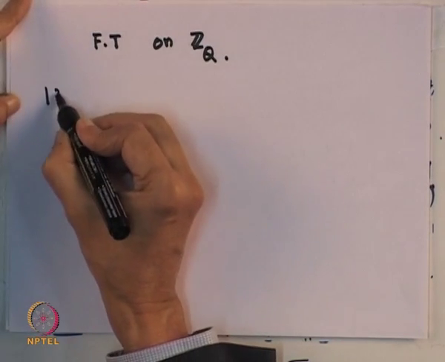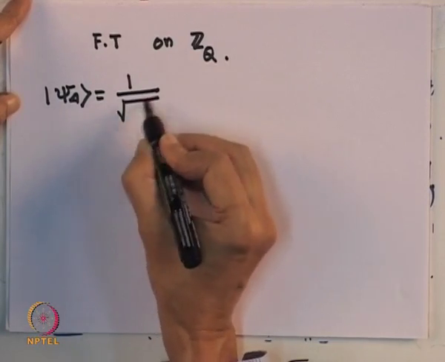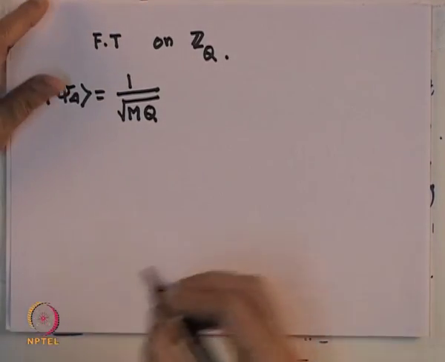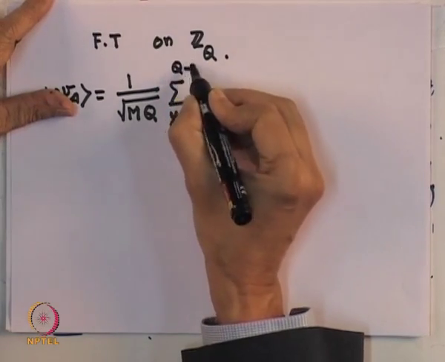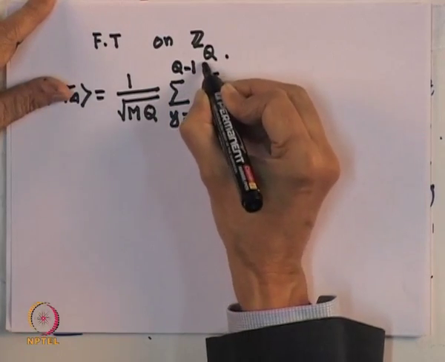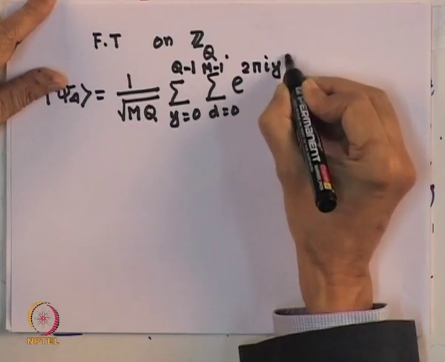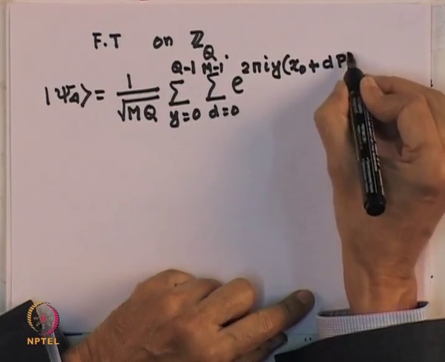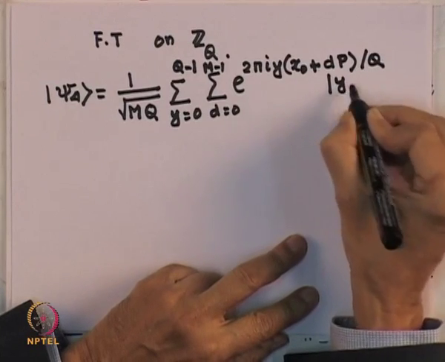So let's call it psi 4, and psi 4 is equal to 1 over square root of m, which was already there in my expression, times 1 over square root of q, which comes due to the Fourier transform, sum over y equal to 0 to q minus 1, then I already had sum over d equal to 0 to m minus 1. So e to the power 2 pi i y times x0 plus dp, divided by q, and of course y and k.